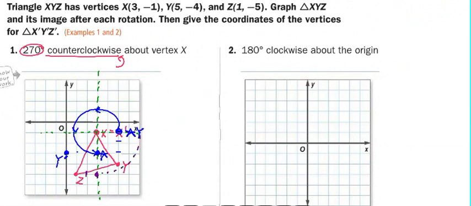So it's going to continue up to here. That's 90. There's 180. And one last turn will put us right here. There's our 270 turn. So there's our new point. And Z was 2 spaces right behind it, which puts Z' 2 spaces behind.